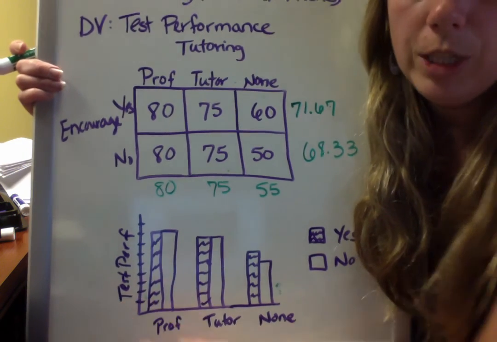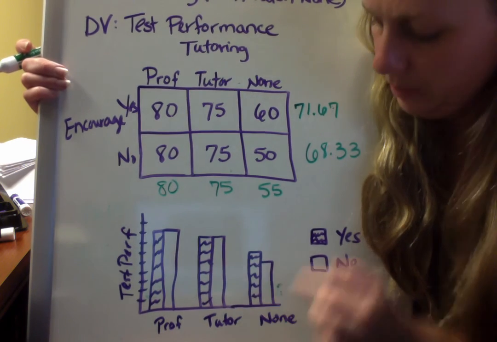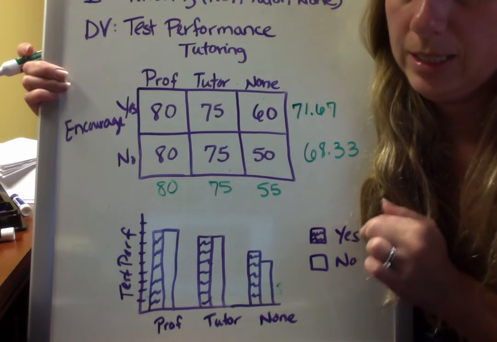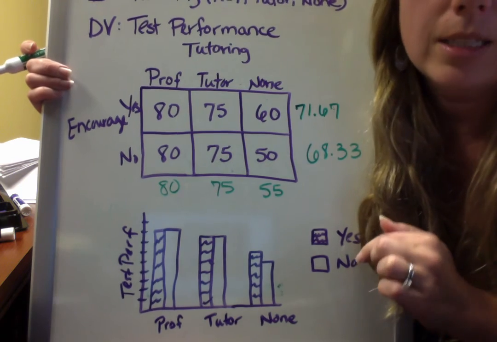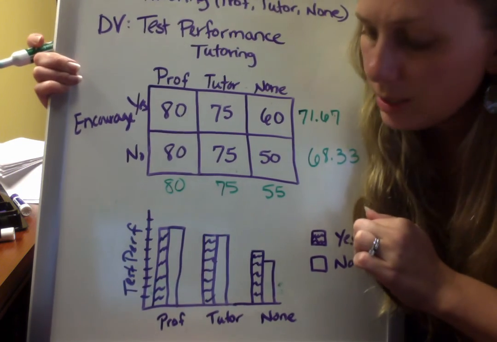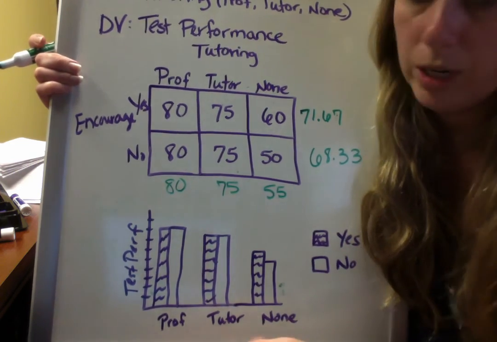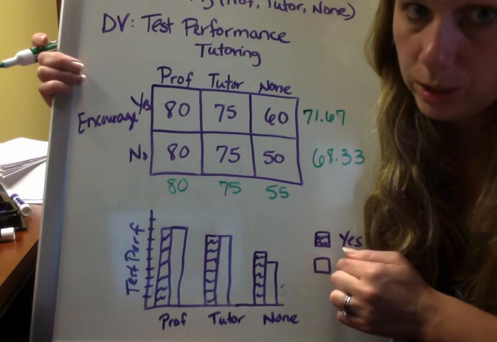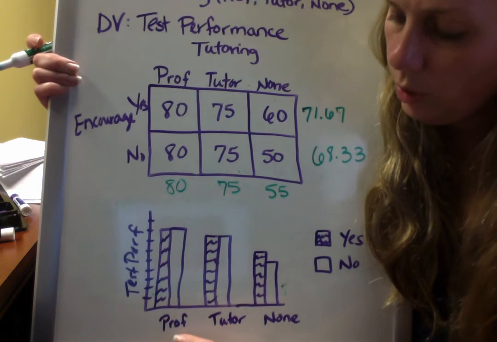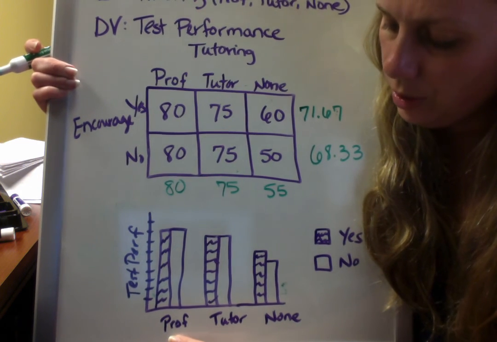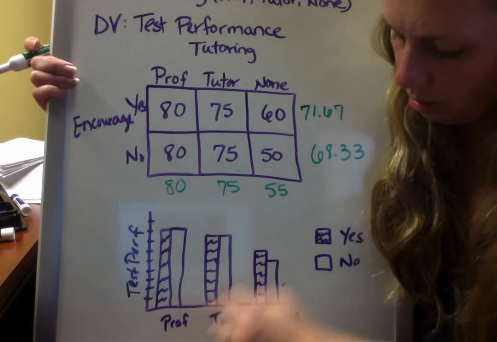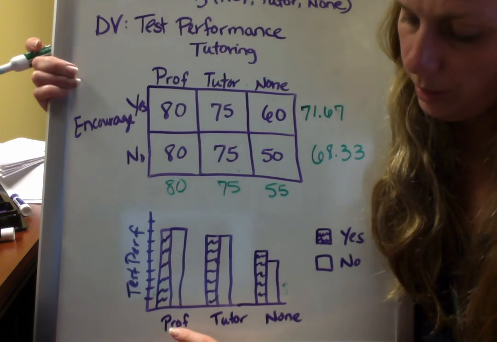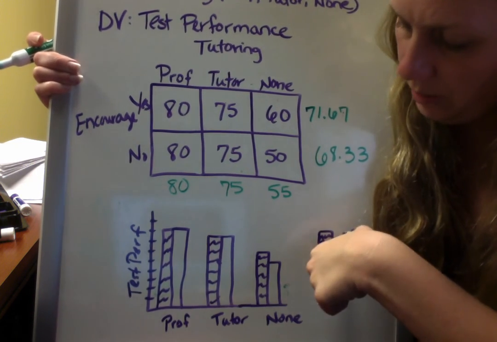In terms of which independent variable goes on the bottom and which independent variable designates the different kind of bars, that is completely up to you. I just decided to put tutoring on the bottom and use encouragement over here to illustrate the bars. Okay, so for my professor group, I had to draw the people who were being tutored by the professor and were receiving encouragement.